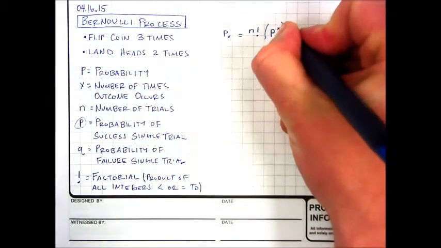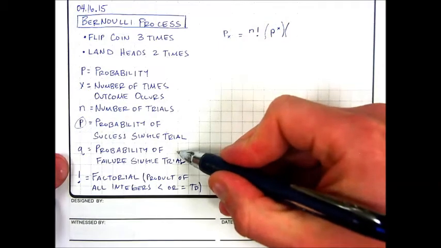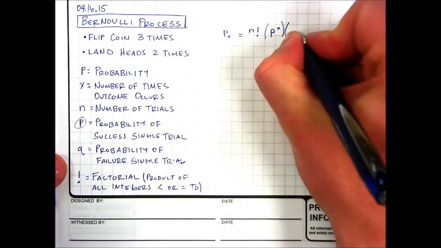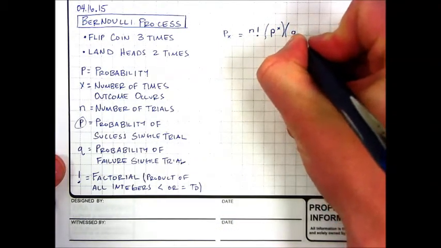That's multiplied by the probability of failure on a single trial. It's represented with a Q.